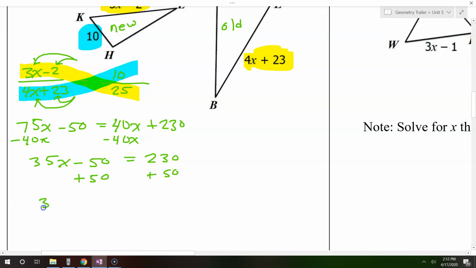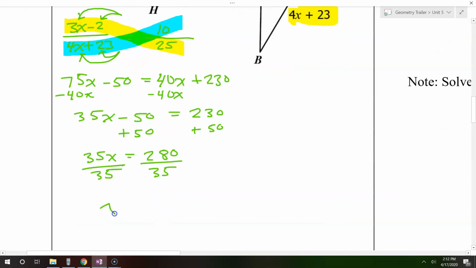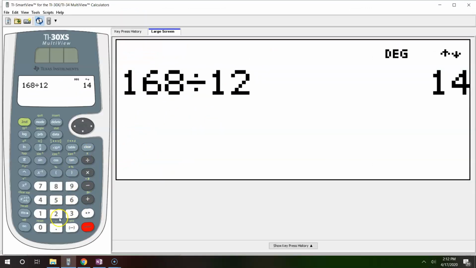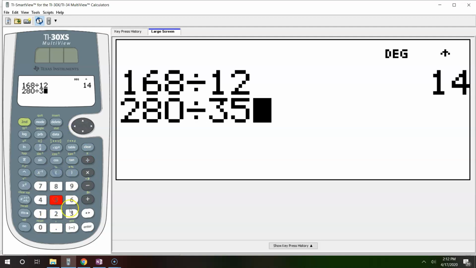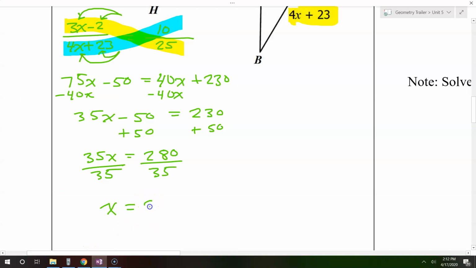So that'll give me 35x is equal to 280. Last step is to divide both sides by 35. Eight. So x is equal to 8.